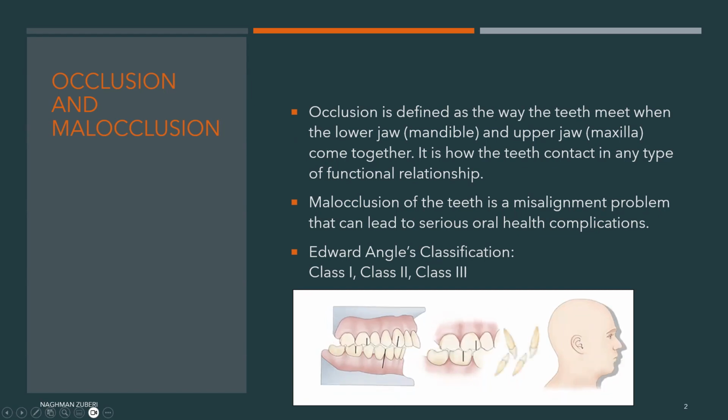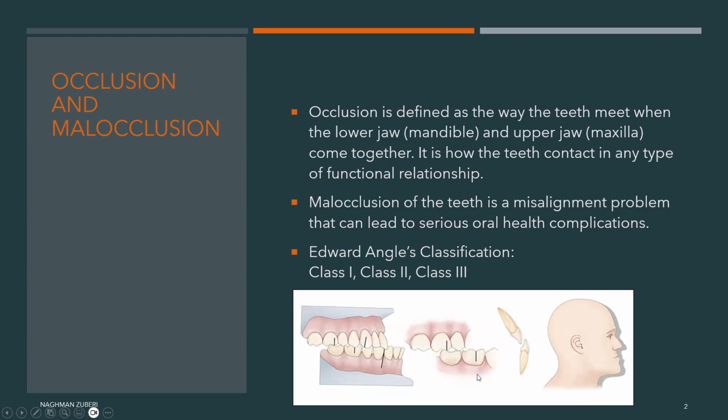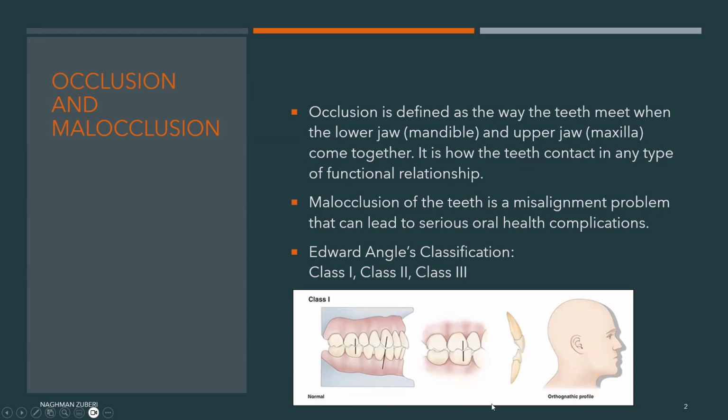We are not going into the detail. And then, of course, class 2 has two divisions, class 2 division 1 and class 2 division 2, depending upon the incisal relationship, whether the incisors are proclined or retroclined.